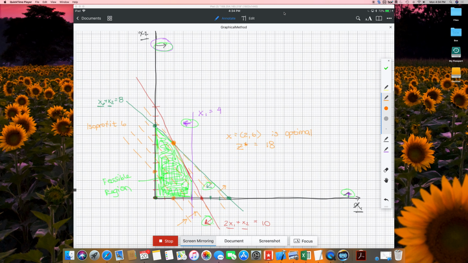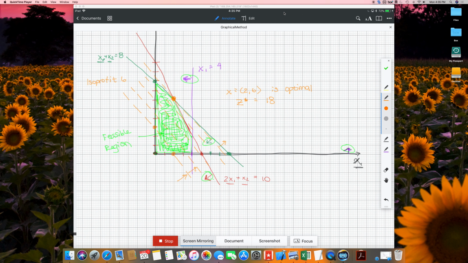Just to remind everybody, this is what the feasible region looked like. It was here in the bright green, where any point in here would satisfy all of our constraints, and we graphed each of our orange isoprofit lines and pushed it out until it intersected with this optimal point 2, 6.